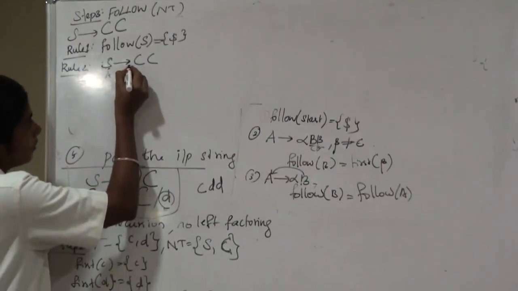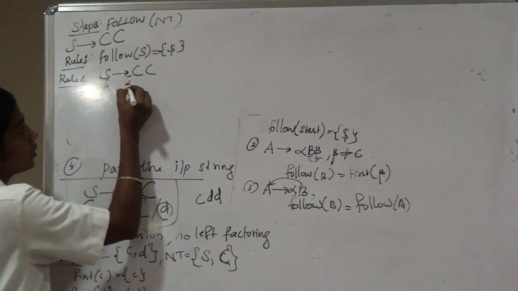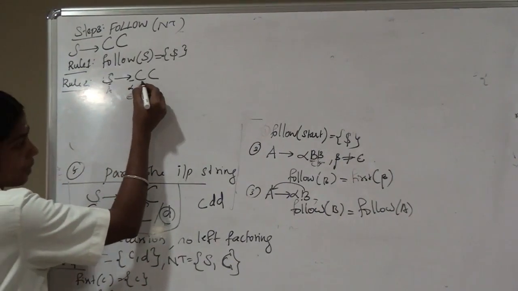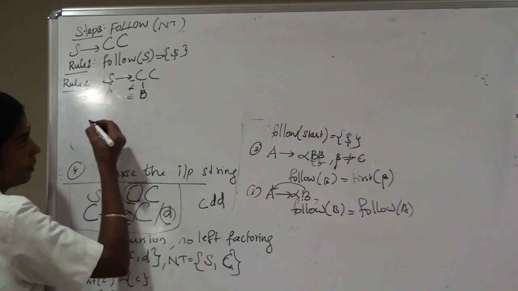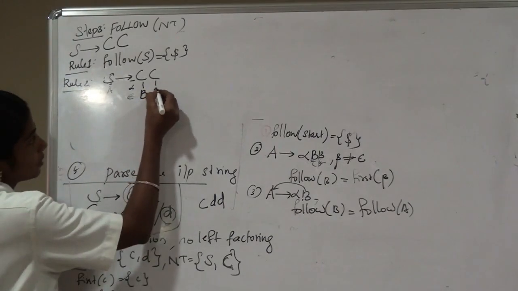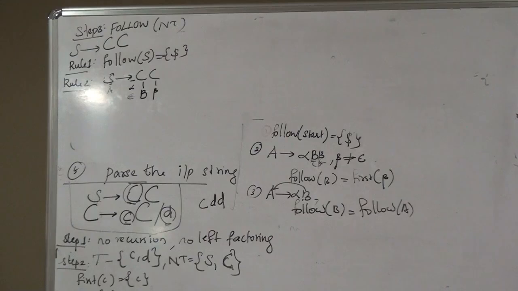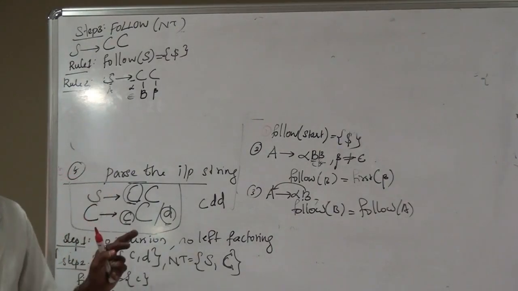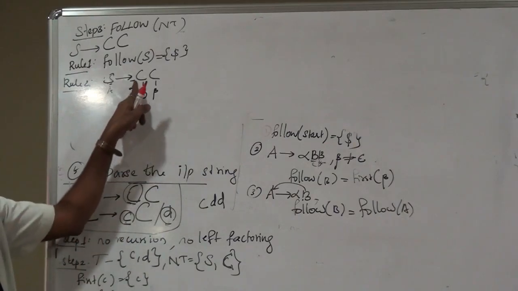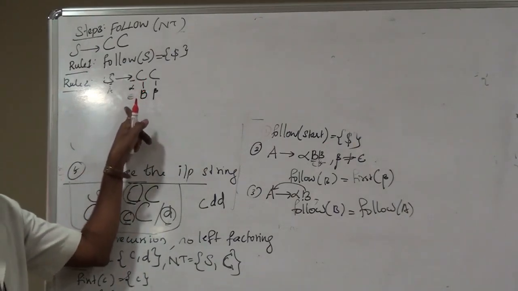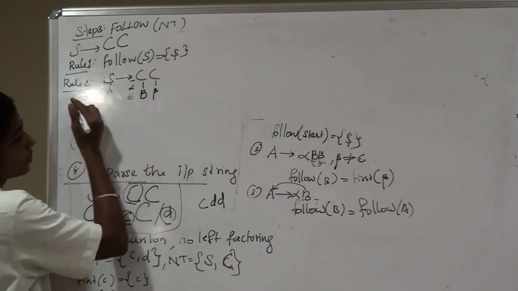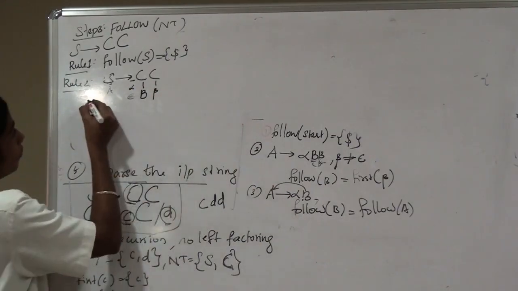So I can make this position as alpha, which is meant to be epsilon, right? And this capital C is taken as capital B, and this is taken as beta. So I have told you alpha, beta can even be epsilon. So with that I am assuming this place to be alpha, epsilon, and this is capital B and this is beta, right?